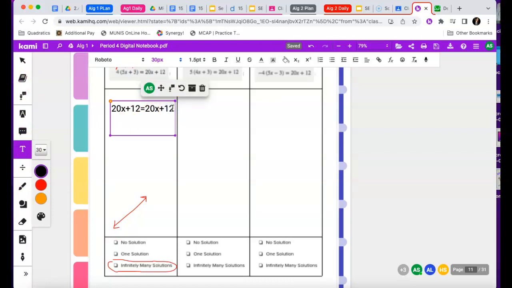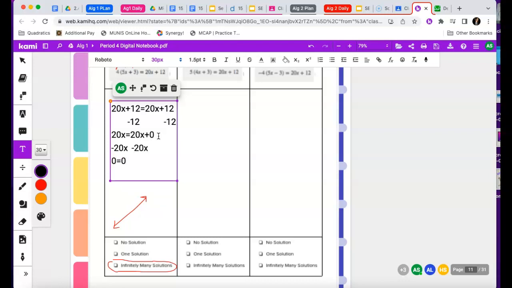So let's look at this algebraically. I could subtract 12 on both sides of my equation. That would give me 20x equals 20x plus 0. And then I could subtract 20x on both sides of the equation, and that would leave me with 0 equals 0.